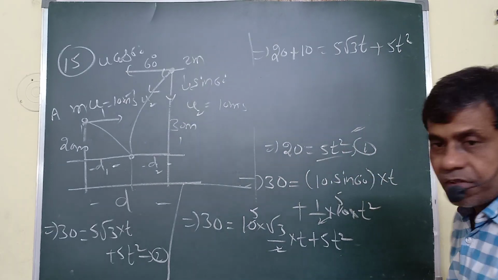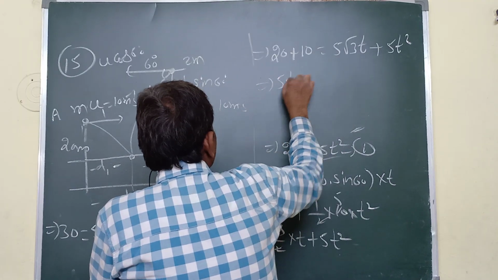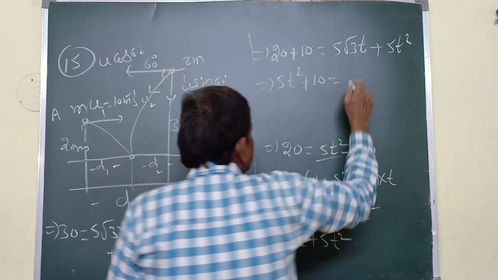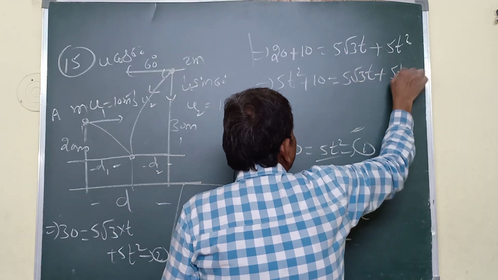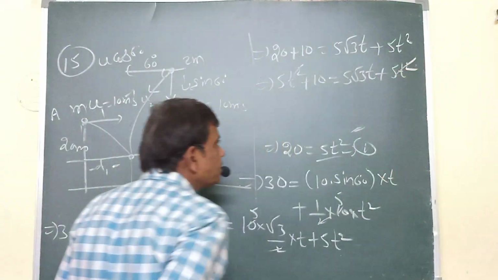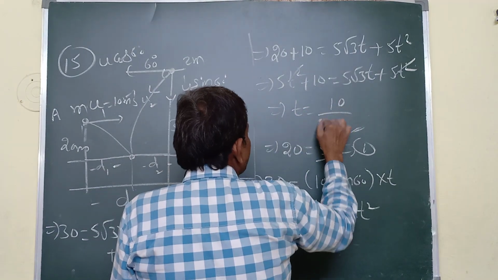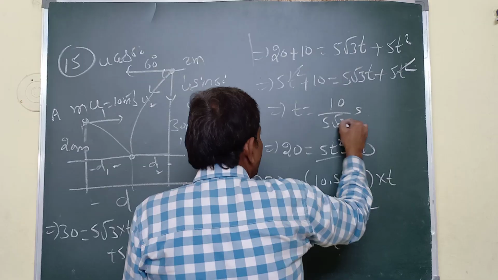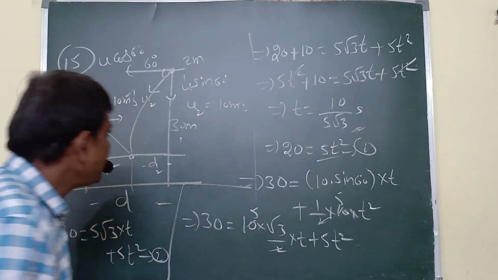But 20 equals 5t square, so substituting, 5t square plus 10 equals 5 root 3 t plus 5t square. The 5t square cancels. Now finally the t value is 10 by 5 root 3 seconds. After this much time the two are colliding.